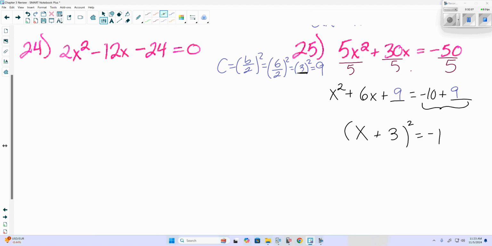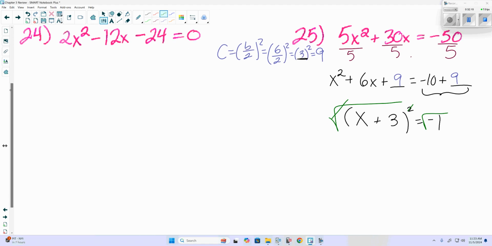At this point, we need to solve, so we're going to take the square root of both sides. On the left-hand side, the square root and square would cancel, leaving us with x plus 3 is equal to plus or minus the square root of negative 1. We need to simplify that radical. Now, normally we plug it into the calculator, but we can't plug in a negative. And this would end up simplifying to i.